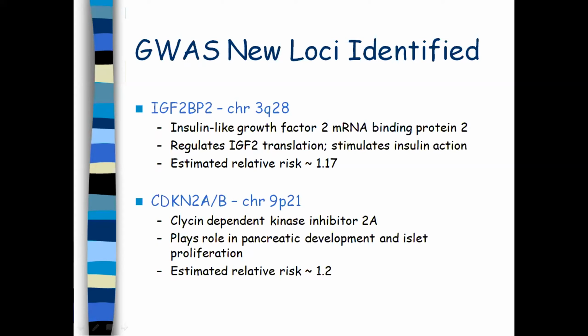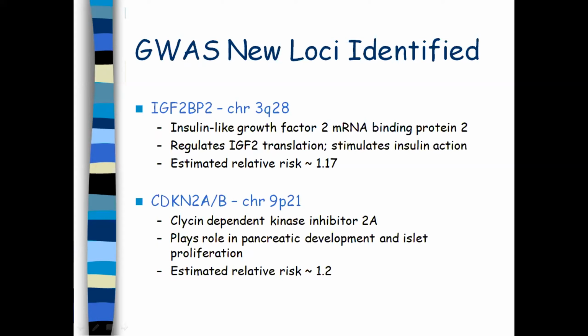The next one is CDKN2A/B, chromosome 9p21, cyclin dependent kinase inhibitor 2A, which plays an important role in pancreatic development and islet proliferation. Deletion of this gene may hamper the development of the pancreas. As we know, the pancreas has both exocrine and endocrine function, and the endocrine function is mainly responsible for release of hormones such as insulin, glucagon, and pancreatic polypeptide.